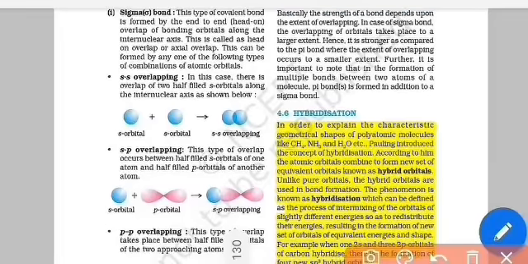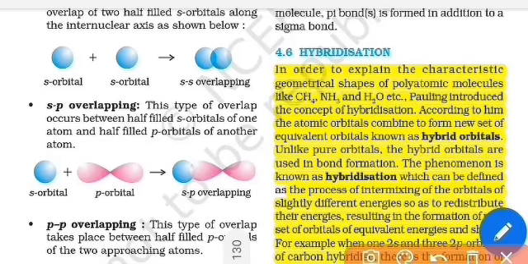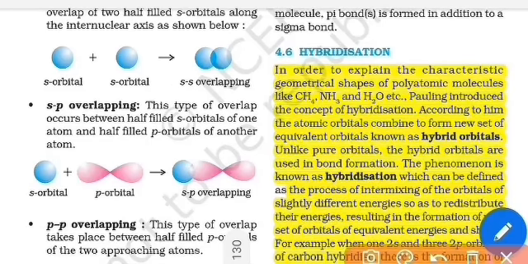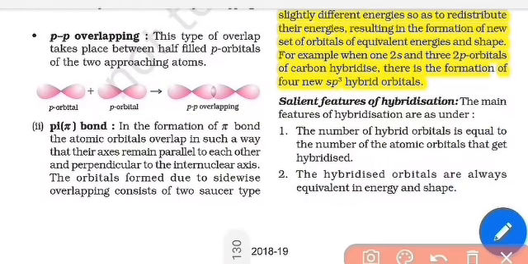This sigma bond is formed by the overlapping of s-s orbitals or s-p orbitals or p-p orbitals, or we can say px-px orbitals. As is clear from this diagram, s-s overlapping gives sigma bond as the overlapping area lies on the internuclear axis. s-px overlapping also gives sigma bond because the overlapping area lies on the internuclear axis, and similarly in case of px-px orbital overlapping, this overlapping area lies on the internuclear axis.